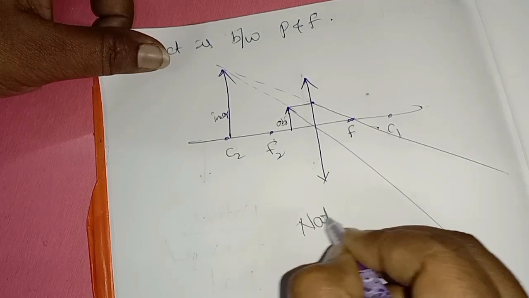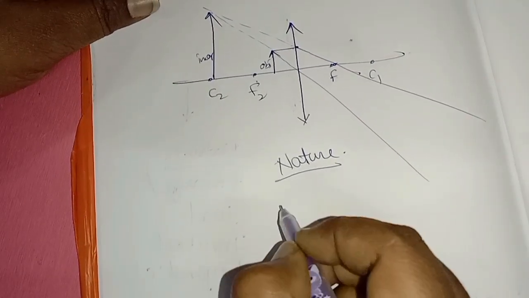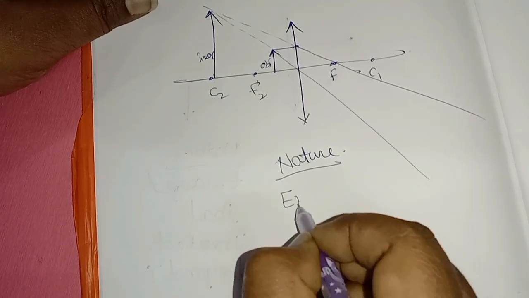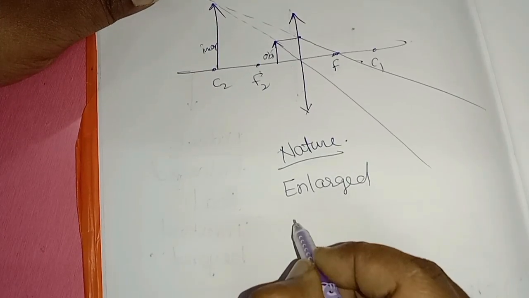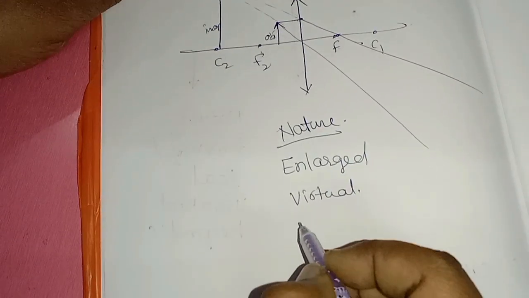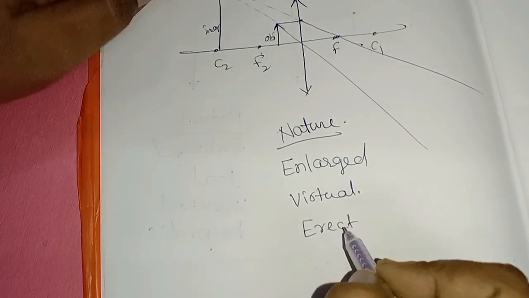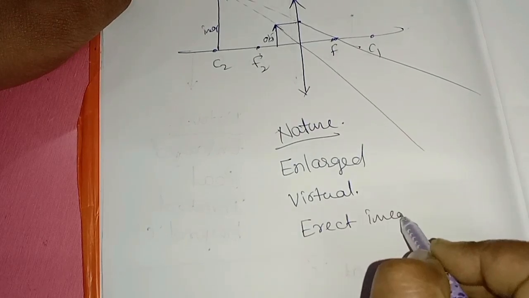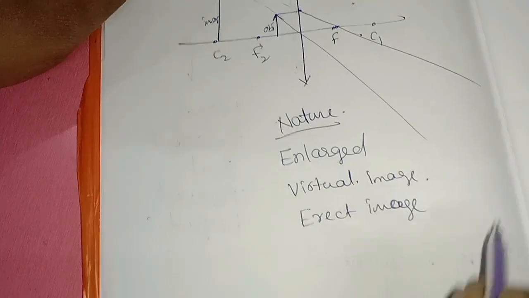Nature of the image, what you will get here: it is enlarged, and virtual. And it is erect, straight only we are getting, not inverted. Erect image, virtual image, enlarged image.